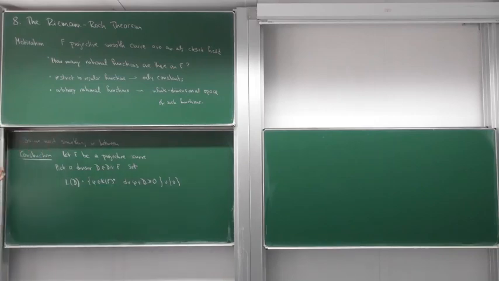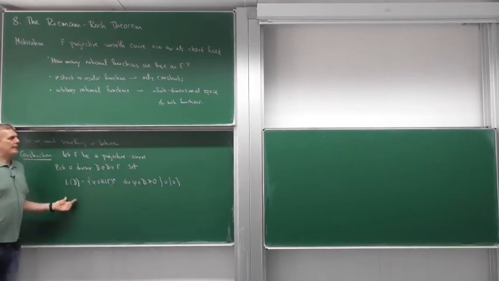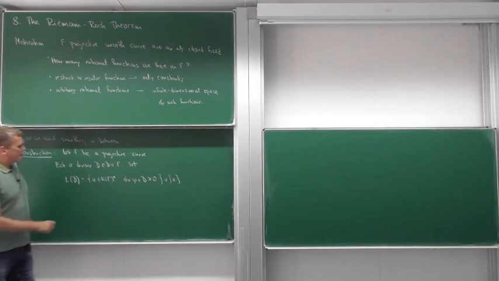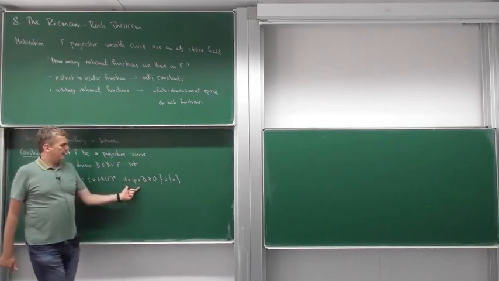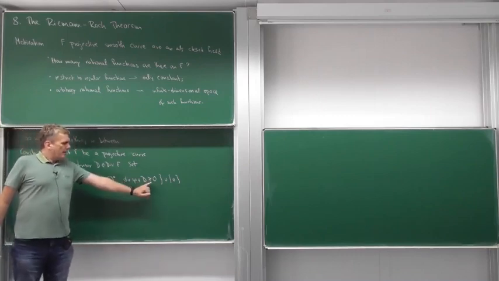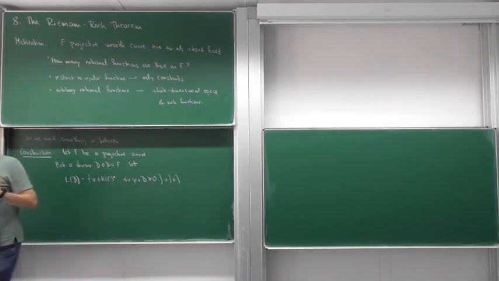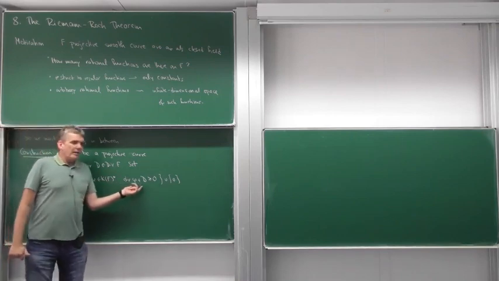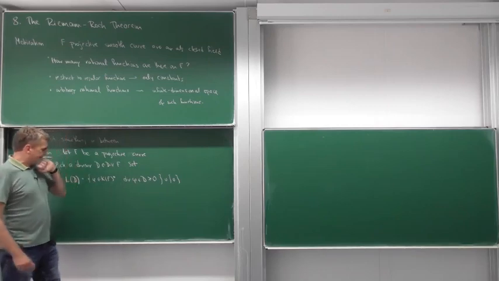And let's just, in this construction, have a look at this space, what we can say about this. So maybe let's first check what this condition actually means. This is a condition that a divisor is effective, which means that the coefficient of each point in this divisor is non-negative.